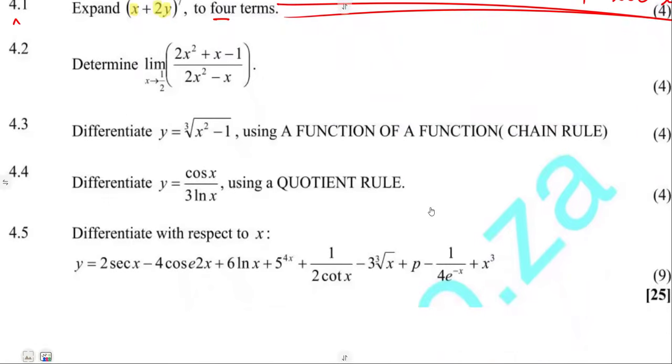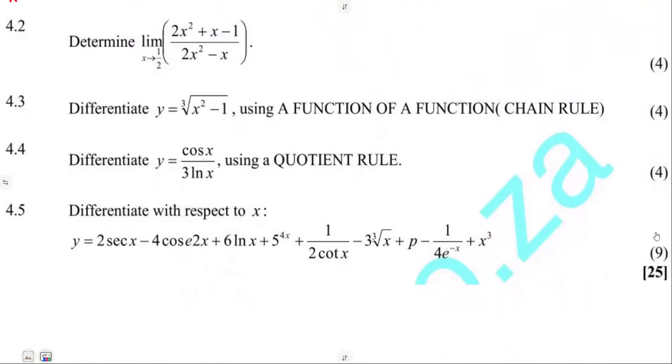All right, then 4.2, determine the limit of this. We can simply see that this was a matter of factorizing the numerator. You can use that cheat method that I used before, or any method that you understand. You're going to have x plus 1 into 2x minus 1.